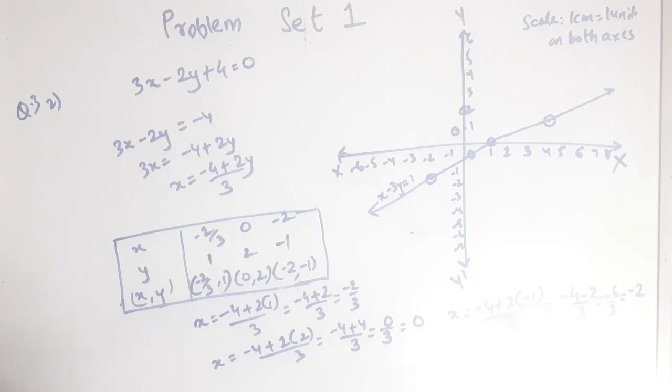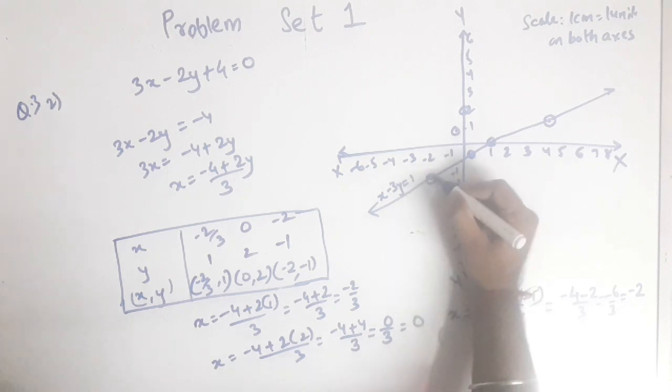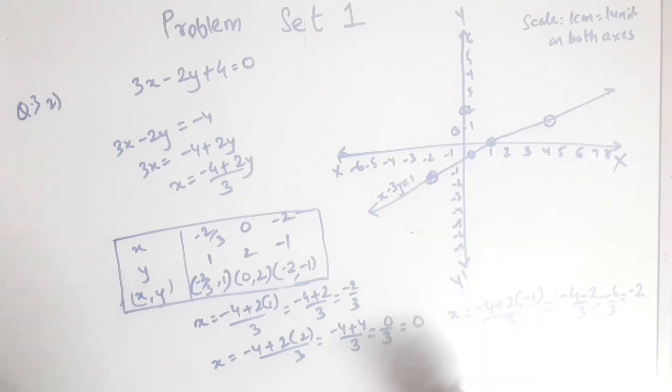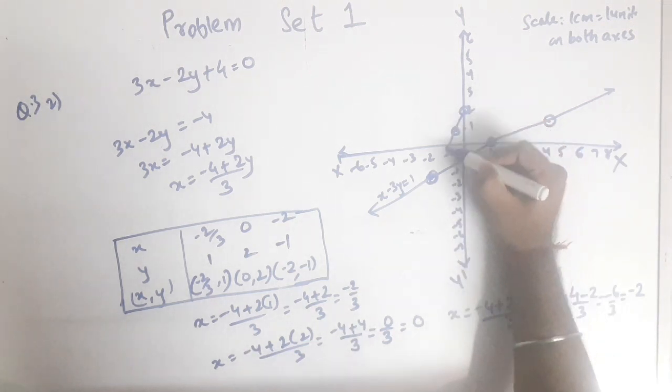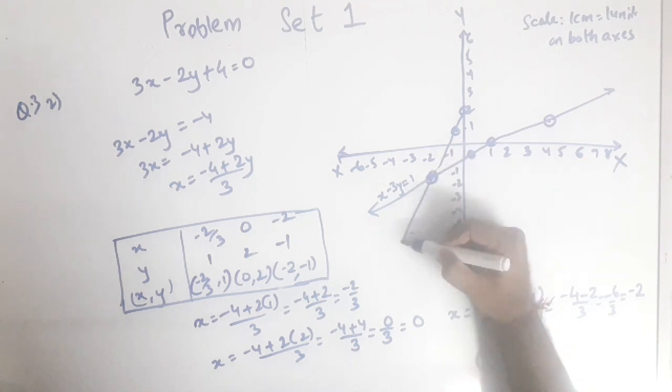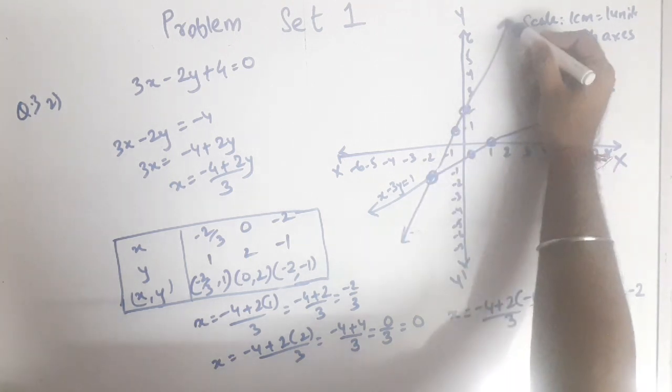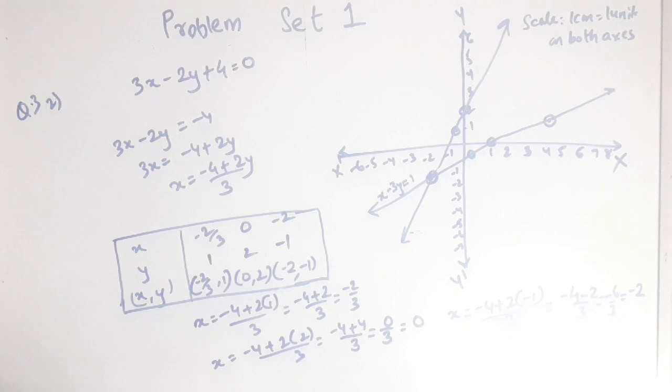And minus 2 comma minus 1 will be here. Already the point was there in the previous equation also, so we'll join them. And as you join them, you got the equation. What is the equation? It is this, minus 2 comma minus 1.